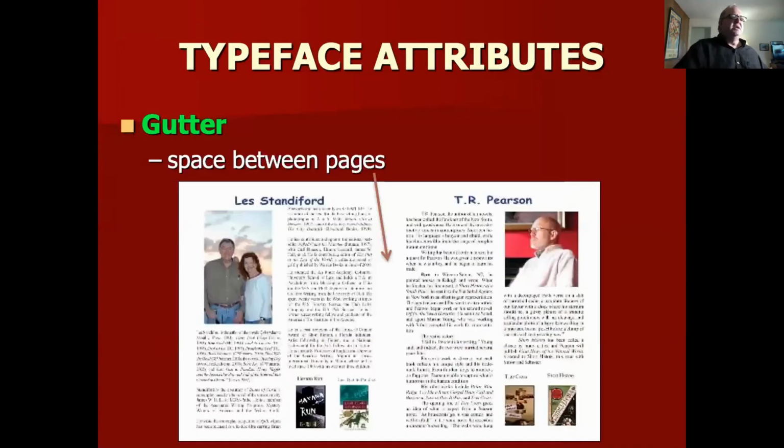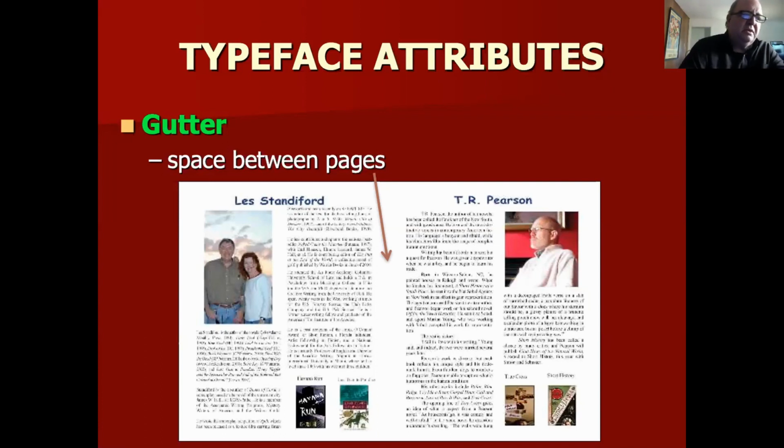Now, the gutter is sort of the space between pages, and this gets adjusted based on the binding. If you have text that's too close to the center, for example, on a spread, then some of that text kind of runs down into that crack, which is the gutter, and becomes harder to read.